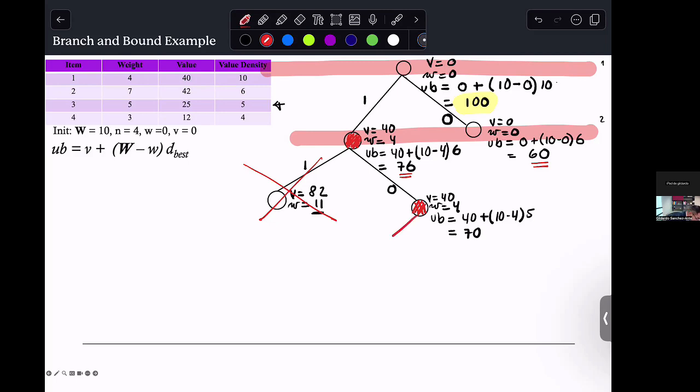So let's, oh, sorry, color. So let's consider choosing or not the third item, which is going to be two.